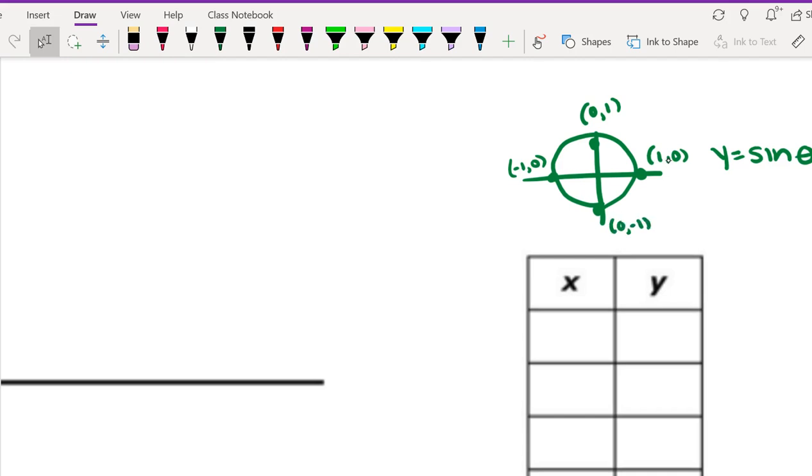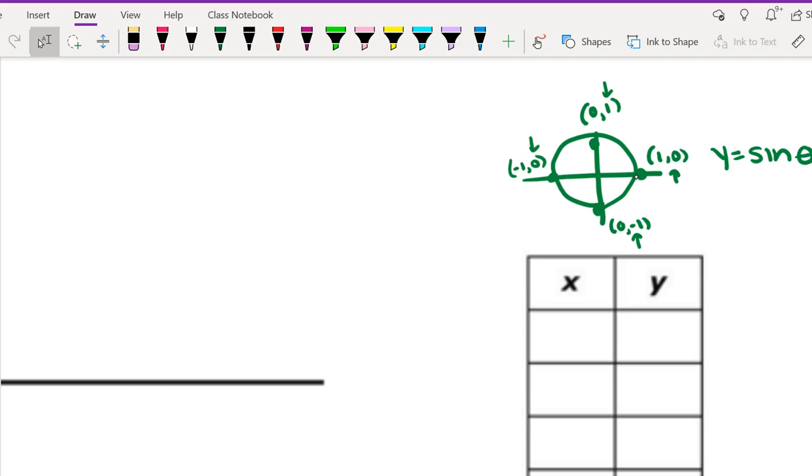Now we're going to work in radians. So if I look at the sine value, it is the y coordinate. So we're going to focus on the y values. Notice how at 0 degrees, the y value or the sine is 0. At 90 degrees, the y value is 1. At 180, it's 0.